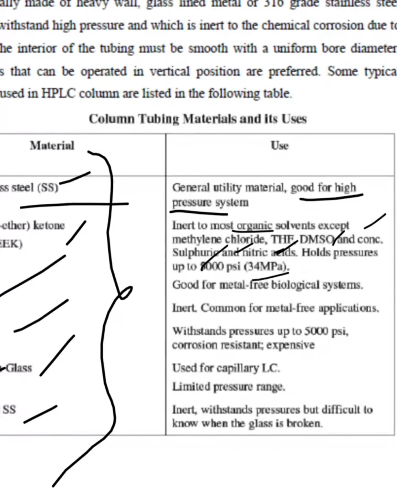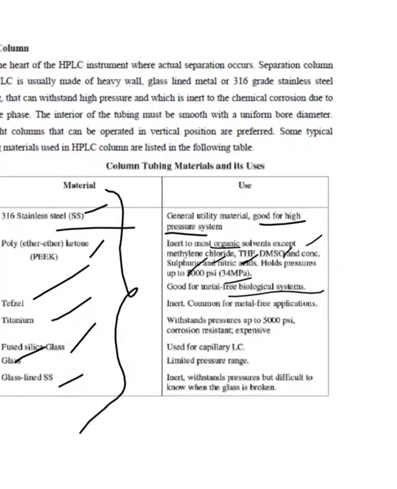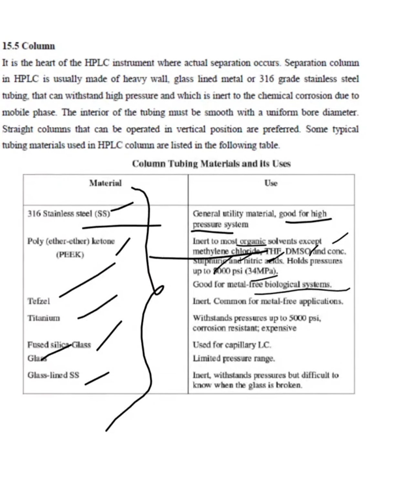So it is good for separation in metal-free biological systems. And next is polyether ether ketone. Oh sorry, this is the PEEK for this separation.